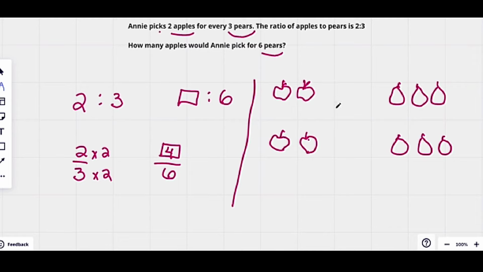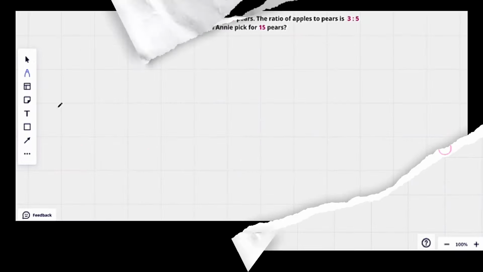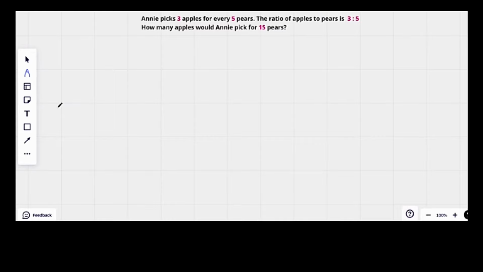So how many apples do we have in total? 4. So Annie would need to pick 4 apples in order to have a total of 6 pears. So again, this is visually. You can draw it if you want to draw it. Or you can use numbers by finding the equivalent fraction that will give us the missing number, which is what we had here. Okay, let's change our problem a little bit here.